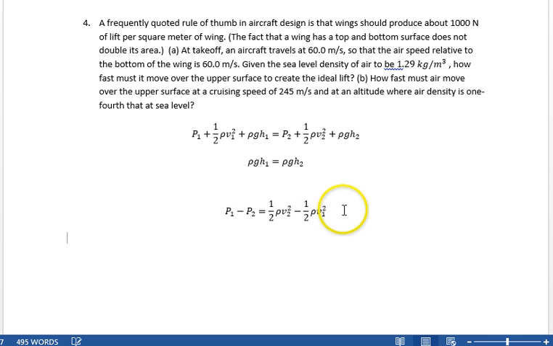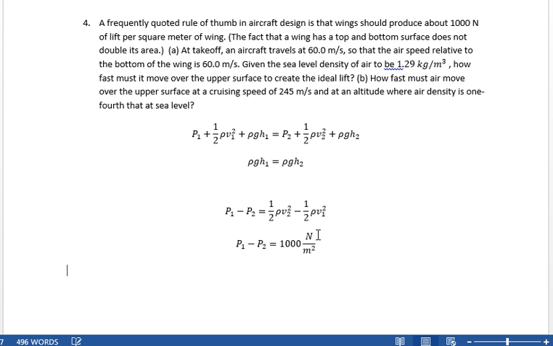Now, the reason I did this is because we know P1 minus P2, the net pressure up, which is pressure from the bottom minus pressure from the top. We need for that to be 1,000 newtons per square meter.